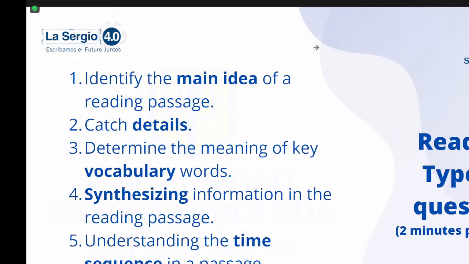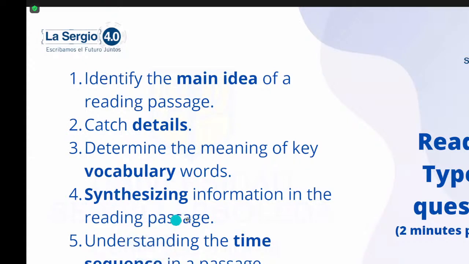We finished that. So remember, these are the 5 types of questions that you will have in the reading section. You have main idea of the reading passage, details, when, where, what year, whatever. Determining the meaning of key vocabulary is when they ask you to guess meaning from context, and antonyms, synonyms of the words. Then summarizing the information in the text.